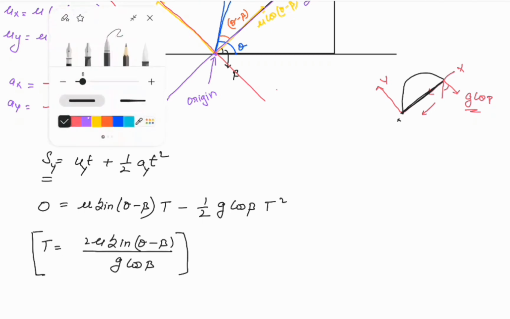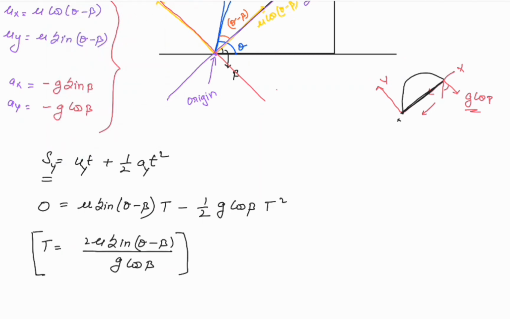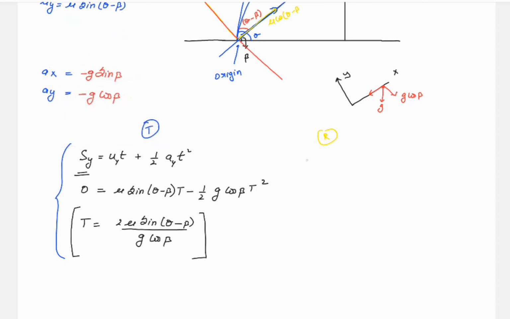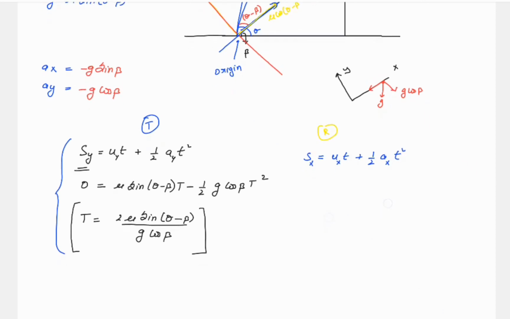Okay, how to calculate the range in this case? This is the flight time. To calculate the range, we use the second equation of the horizontal motion. S is going to be ut plus half of at square. Put x over here, x over here, x over here. What is Sx?